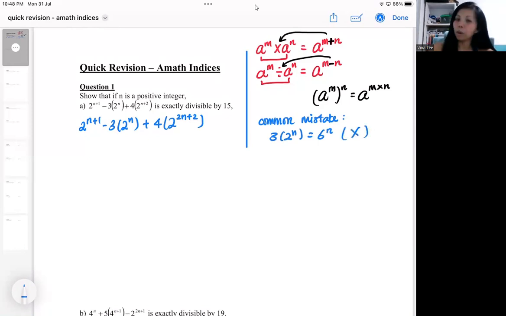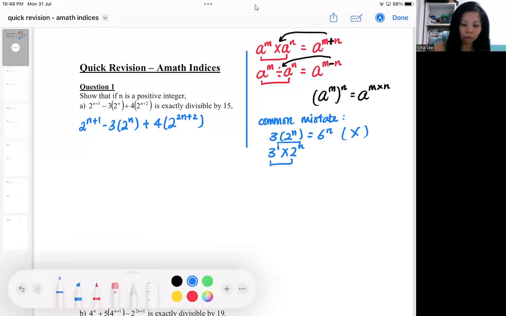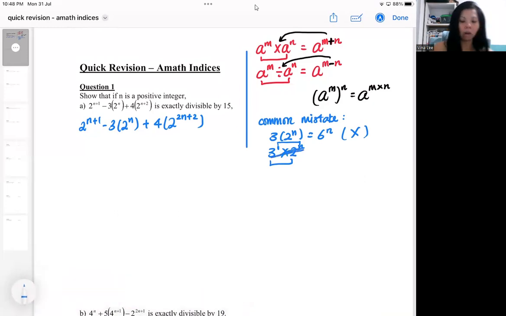Why is it not correct? Because the base is different, and the power is also different. You cannot be multiplying anything when the base is different or when the power is different. You only get to do something when you have the same base, or when you have the same power.